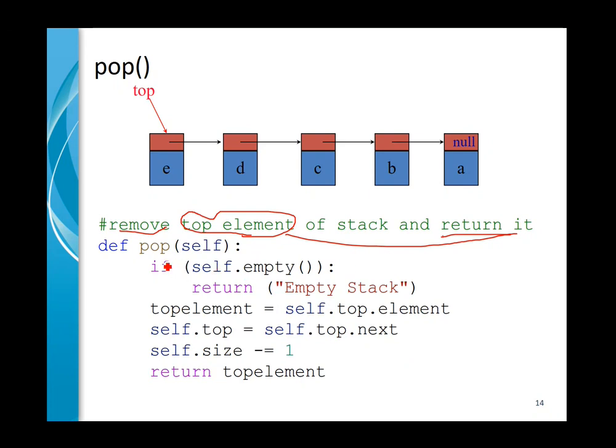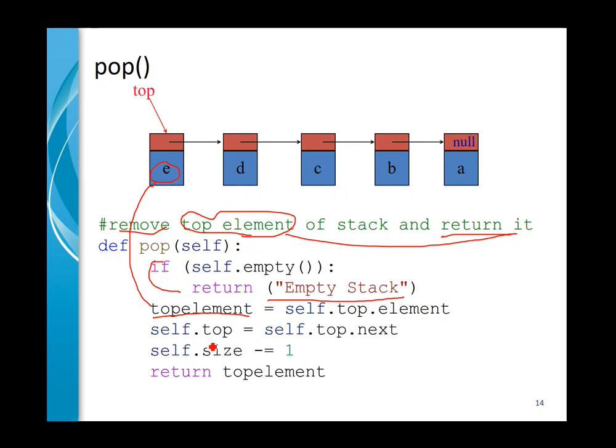First, if the stack is empty, then just return, since there's nothing inside the stack. Otherwise, it first has a variable to contain the content of the first node, top.element.